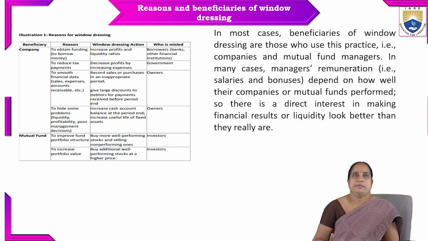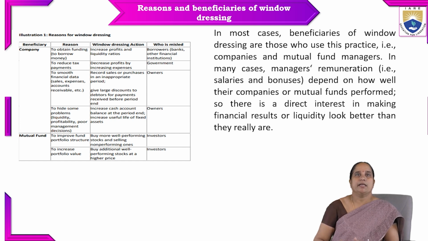So let us take the illustrations, reasons for window dressing. In most cases, beneficiaries of window dressing are those who use this practice, that is companies and mutual fund managers. In many cases, managers' remuneration, that is salaries and bonuses, depend on how well their companies or mutual funds perform.